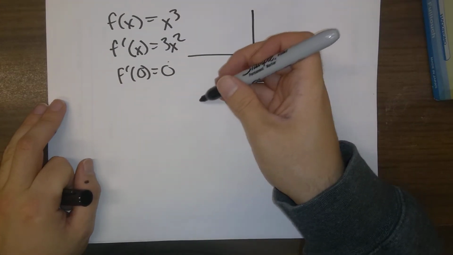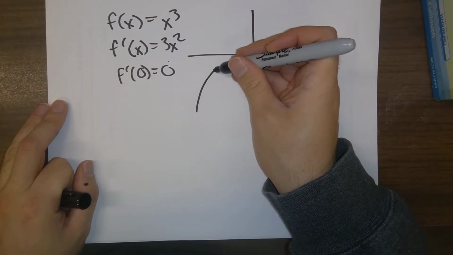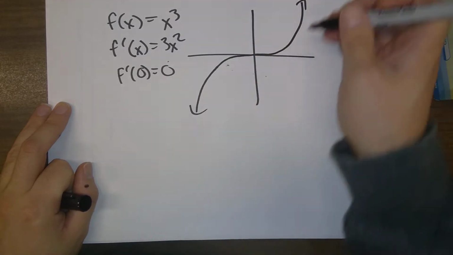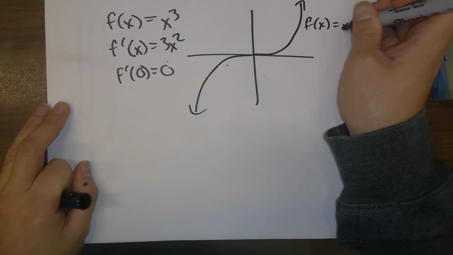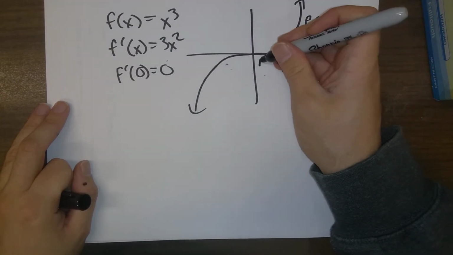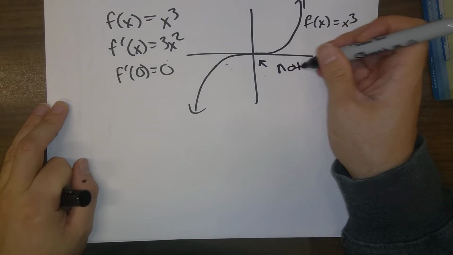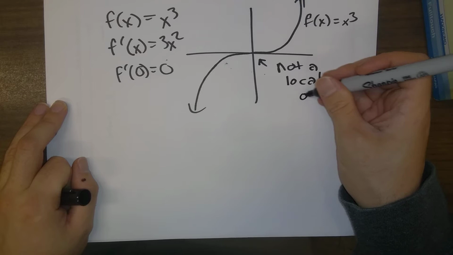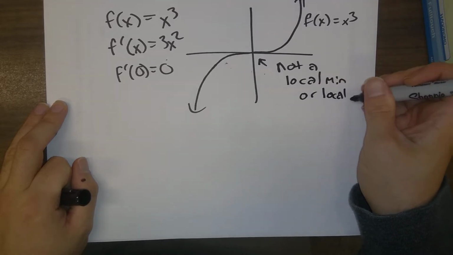However, if we draw the graph of what our function looks like here, f of x equal to x cubed, we see that 0 is actually not a local min or local max.